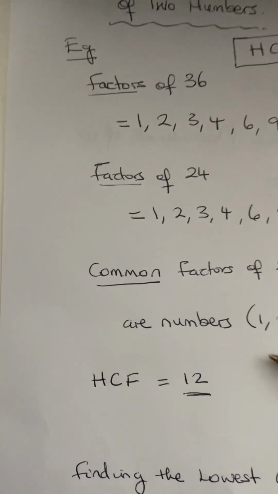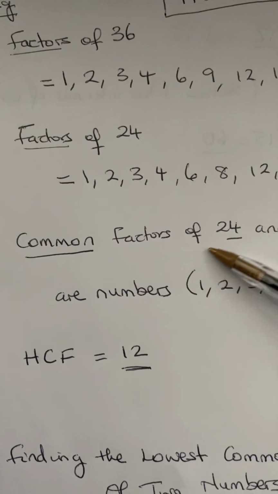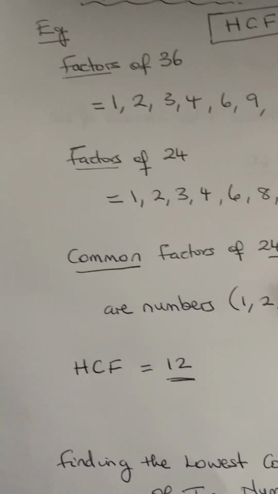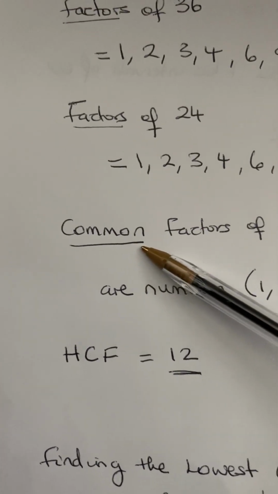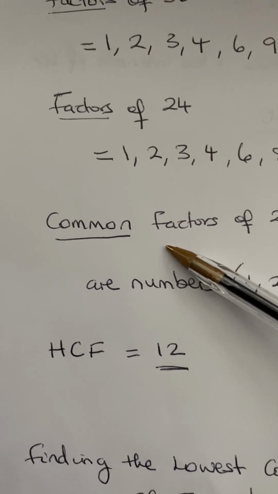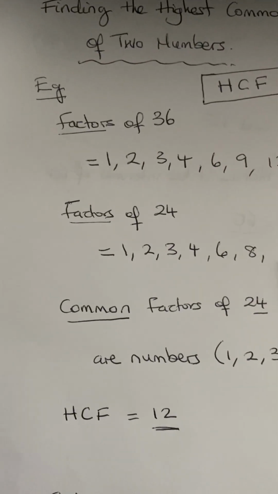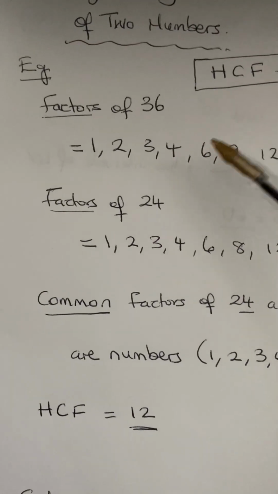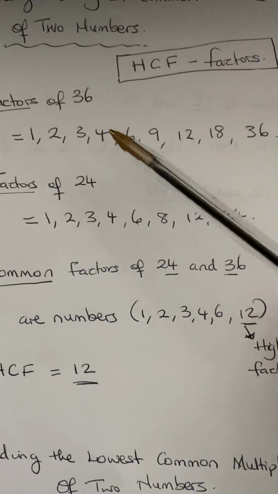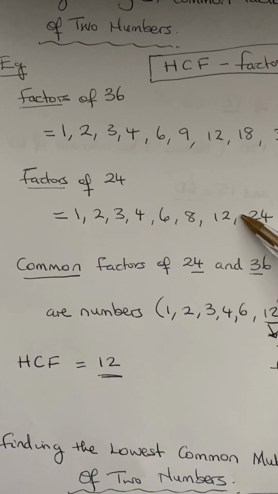Okay, now, so the common factors of 24 and 36, the clue here is common. Common factors are numbers that are factors of 36 and numbers that are factors of 24.